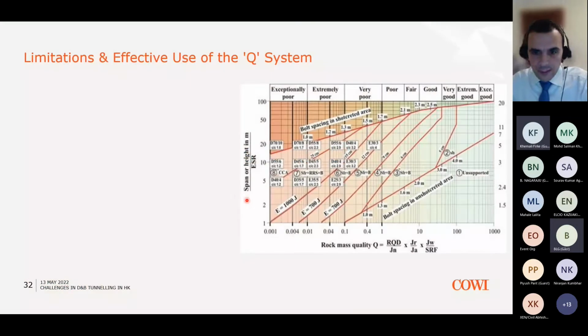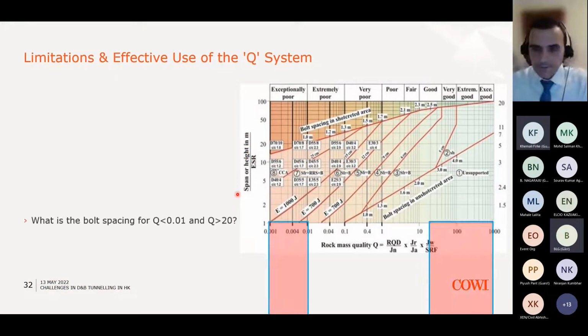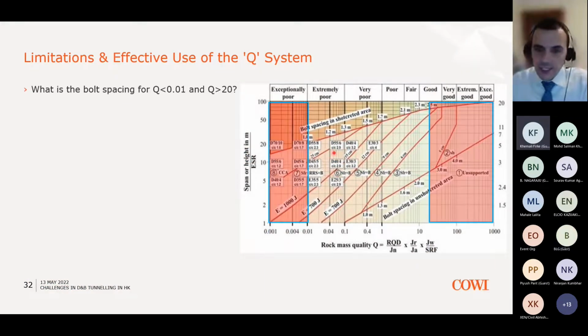Moving on to the lessons learned. Very briefly, as with every method, this chart also has its limitations. On the two extremities of this chart, there's no guidance on what the bolt spacing should be when the Q value is more than 10.